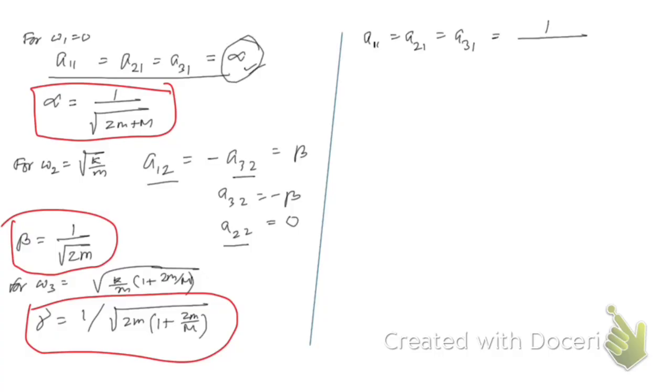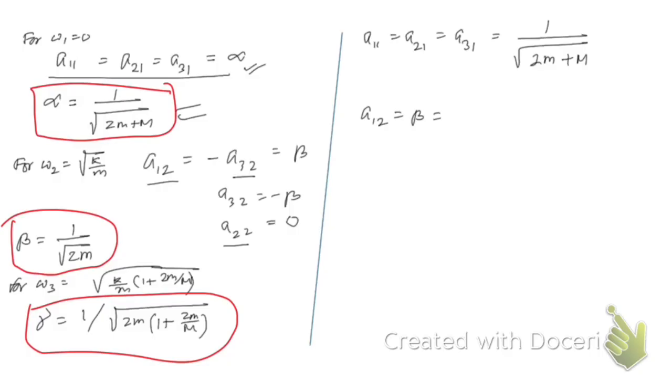We have considered alpha is equal to, we have got this, that is root over 2 small m plus capital M. Similarly we're gonna have a12 is equal to minus a32, a12 is equal to beta, right?